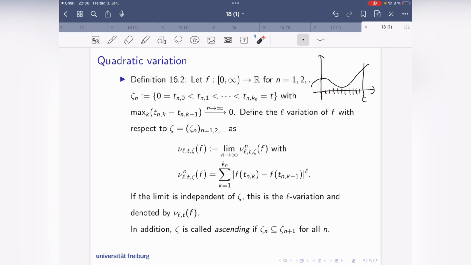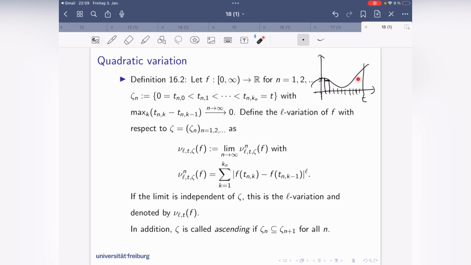And then the L variation of this function f here is defined like this. I'm using this difference in function values, absolute value, to the power of L, so that will be the L variation.